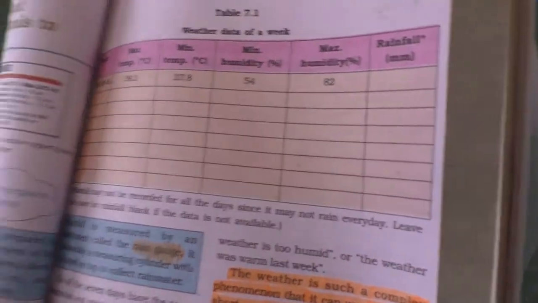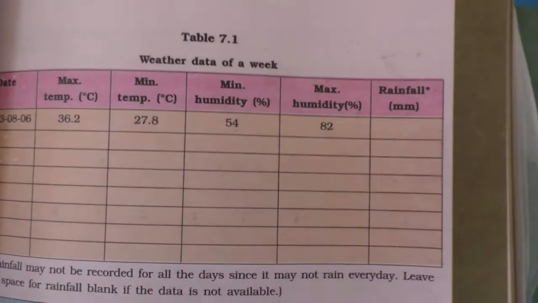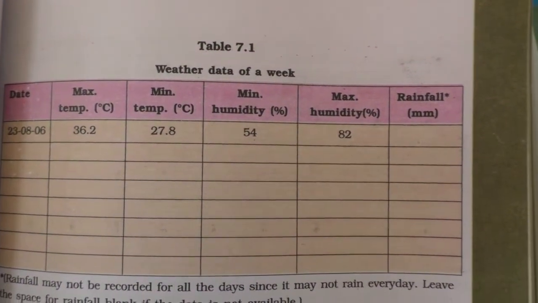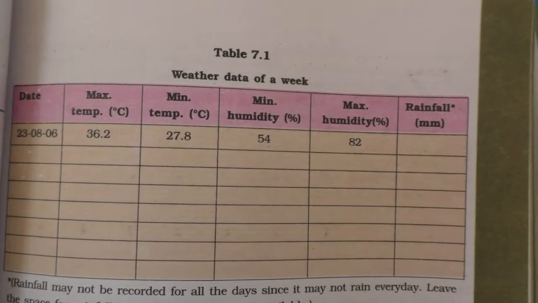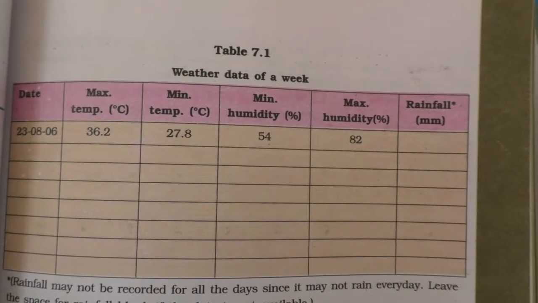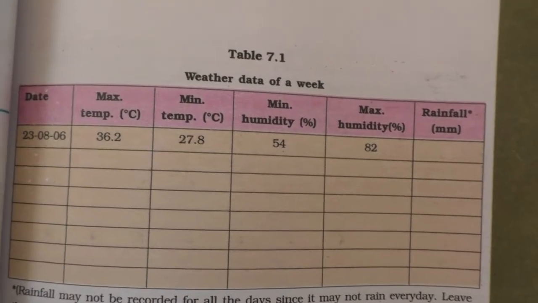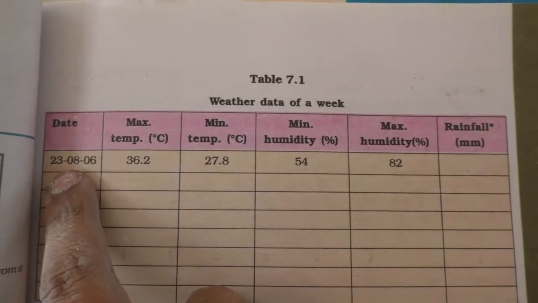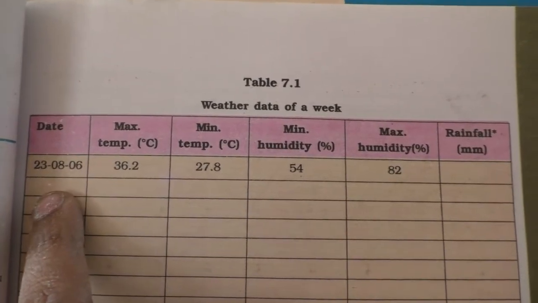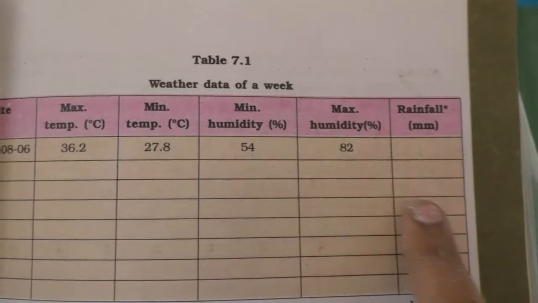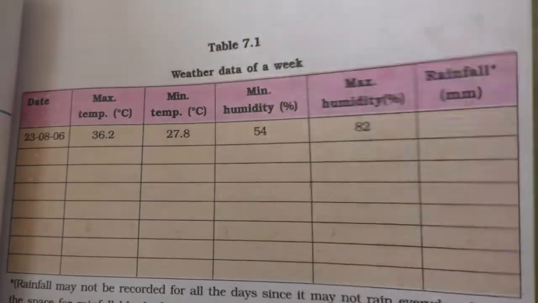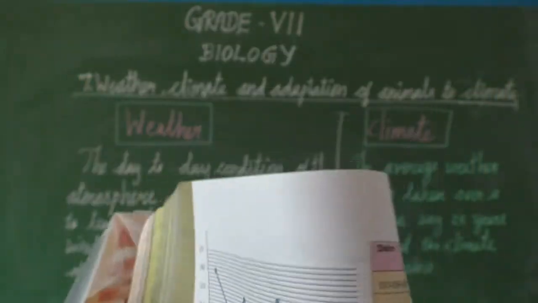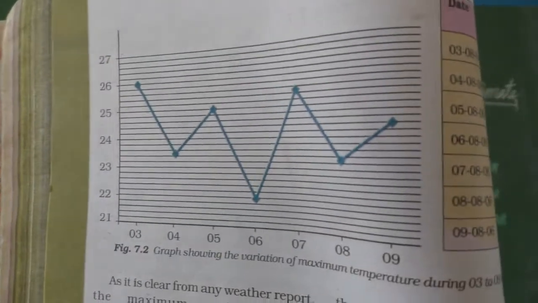Look children, in our book page number 69, they given a table, 7.1 table. They ask us to enter maximum and minimum temperature, humidity, rainfall in this table column. So they given one day for example. Like that you have to enter and find out and write the temperature over here. Then in the very next page they given a chart, isn't it?